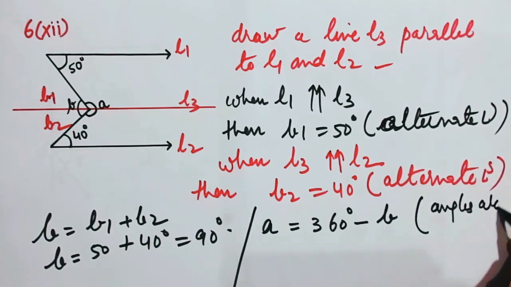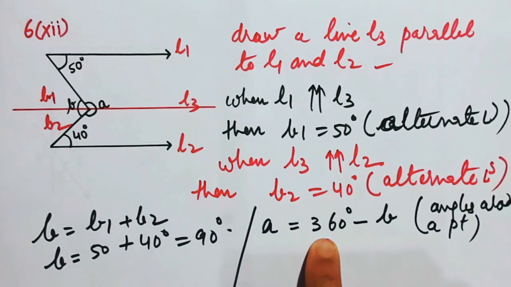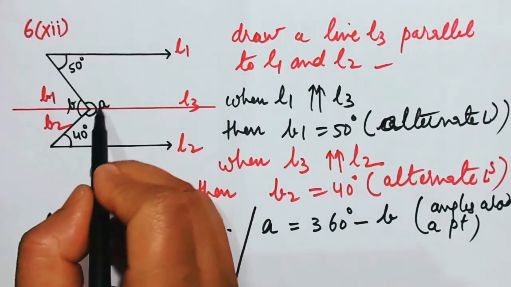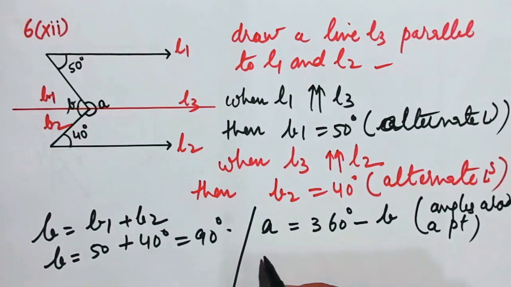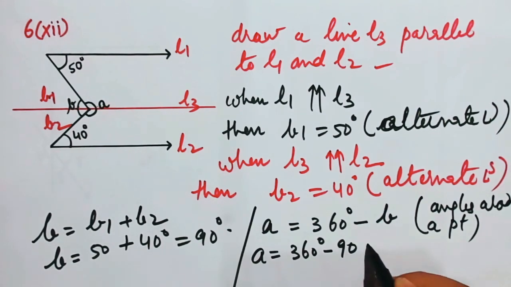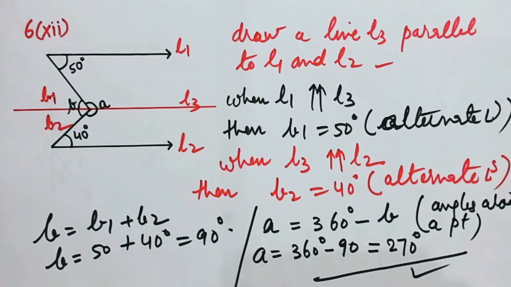So when A plus B is equal to 360, then A will be equal to 360 minus B, which means minus 90. Therefore, the value here will reduce to 270 degree.